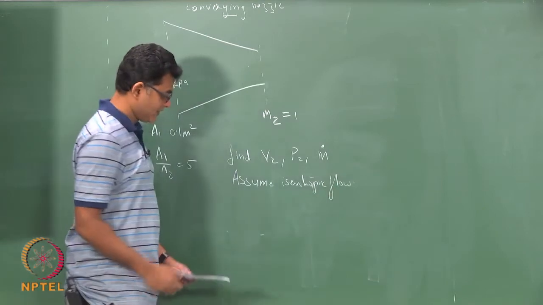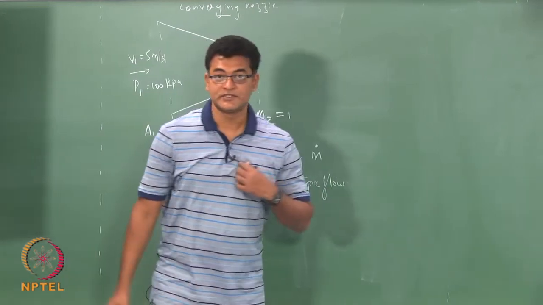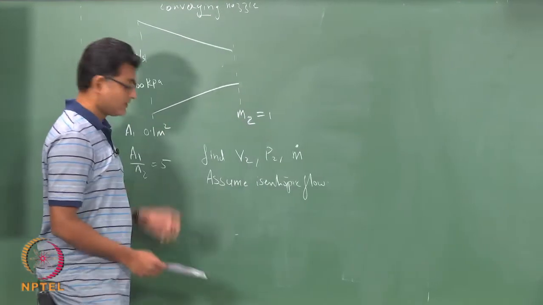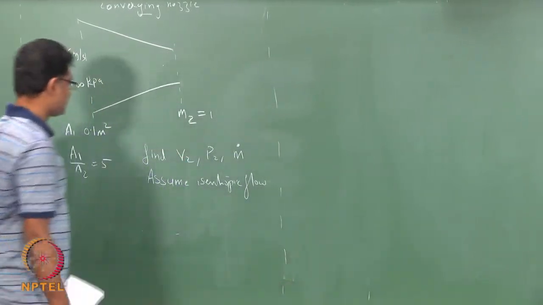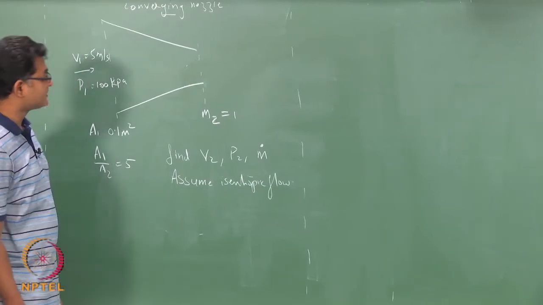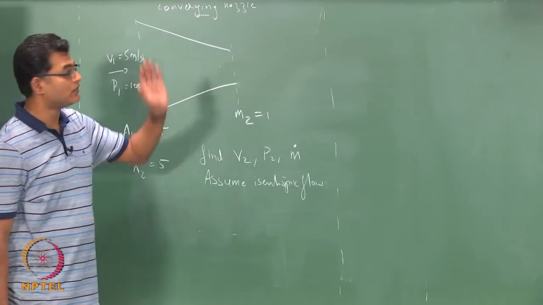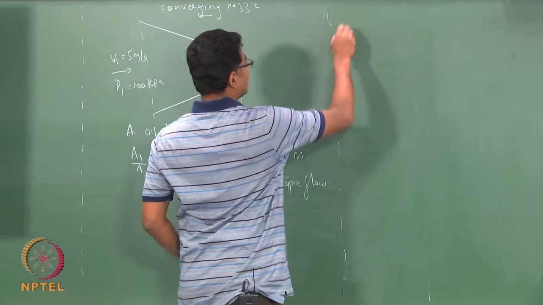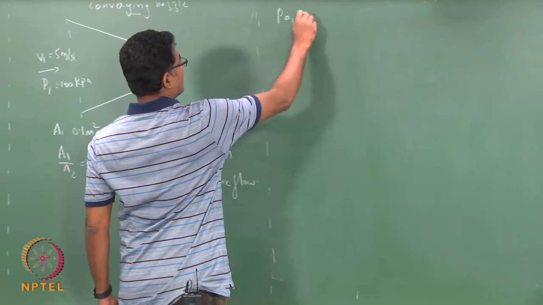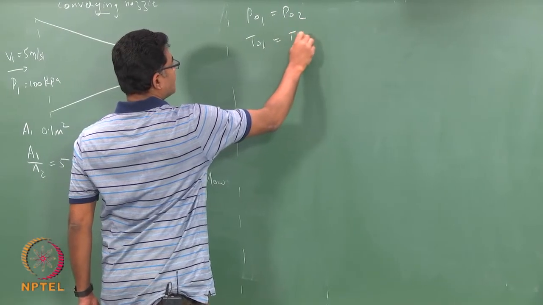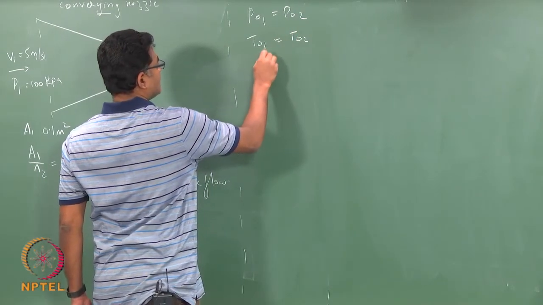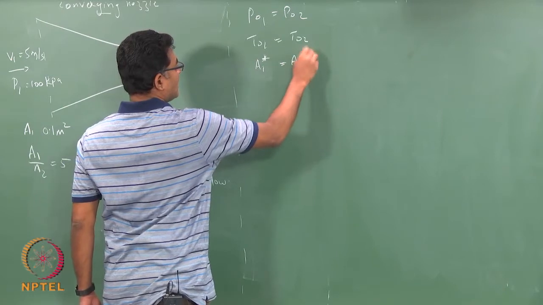Okay. If you assume isentropic flow, we can use the equations which we have derived, otherwise we cannot. So, we will assume the isentropicity. The moment you assume isentropic flow from section 1 to 2, there are 3 things which you need to write. First thing is P01 equals P02, T01 equals T02 and A1 star equals A2 star.